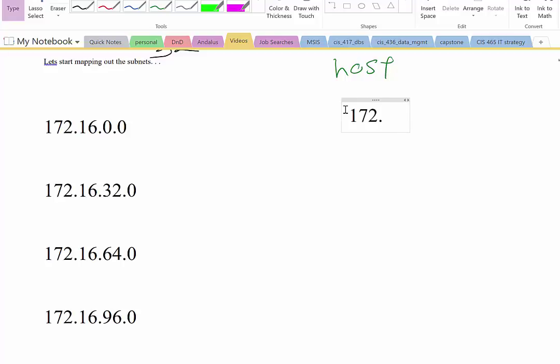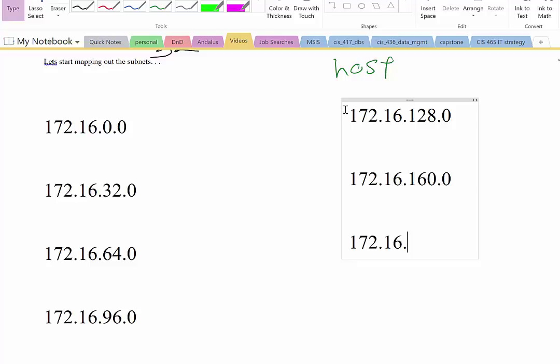So 96 plus 32 is 128.0. All right, then our next one will be 172.16.160.0. And then 172.16.192.0. And then last but not least, 172.16.224.0.